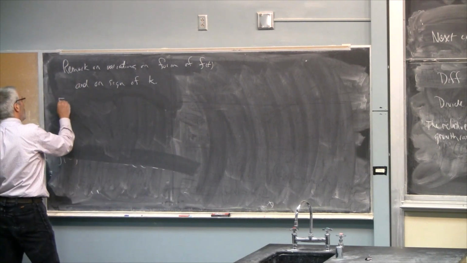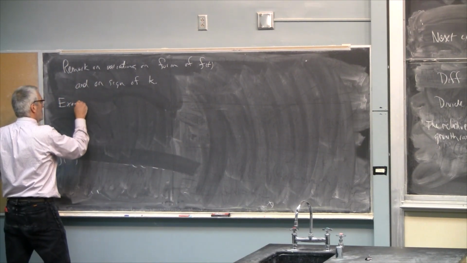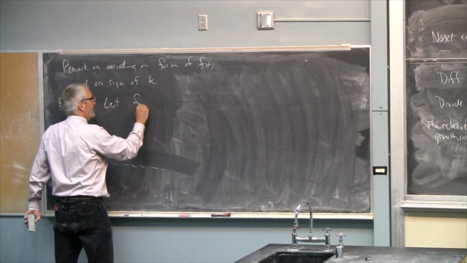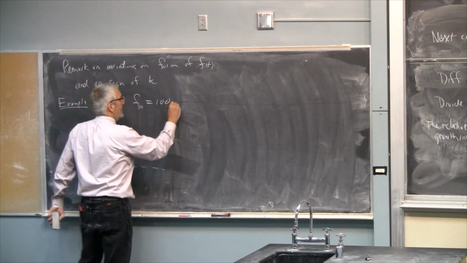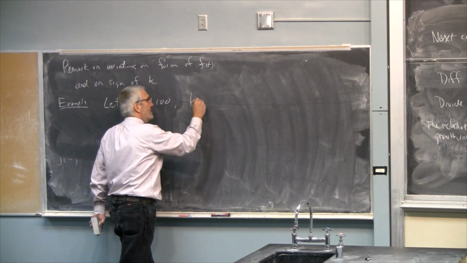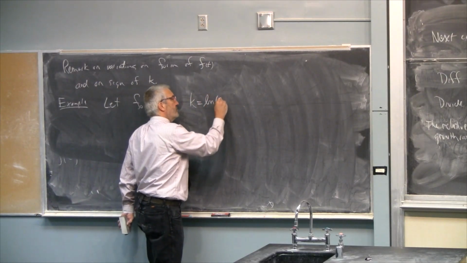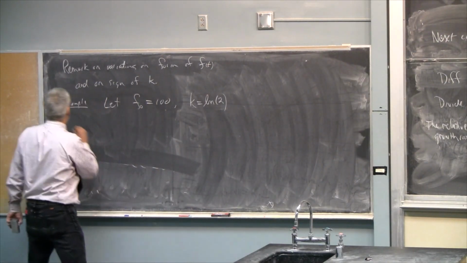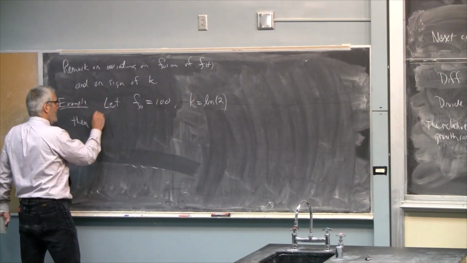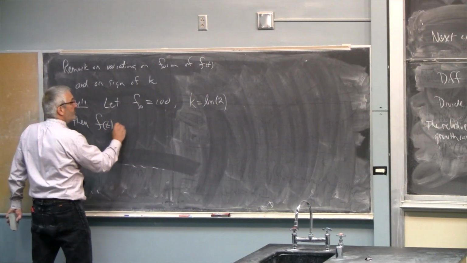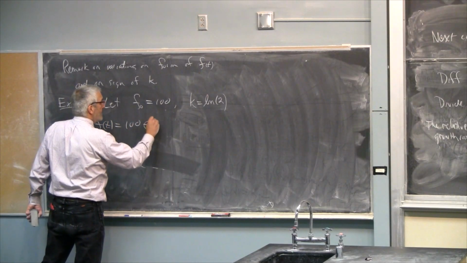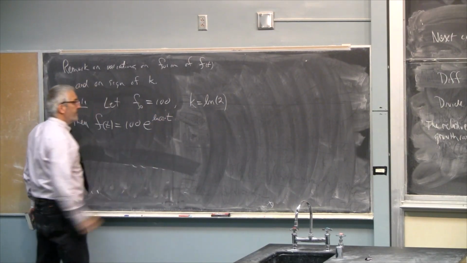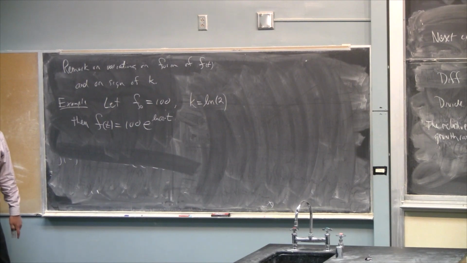So for example, let f0 be 100, and let k be ln of 2. Then my function would be 100 e to the ln of 2 times t. There's my c e to the kt.